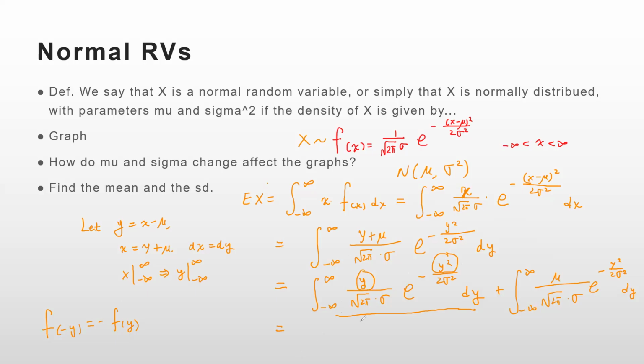So you plug in negative y, you do get negative of f of y. This f is general again, not that one. Maybe I should use g as the general function. When we talk about an odd function, g of negative y equals negative of g of y. So it's an odd function.